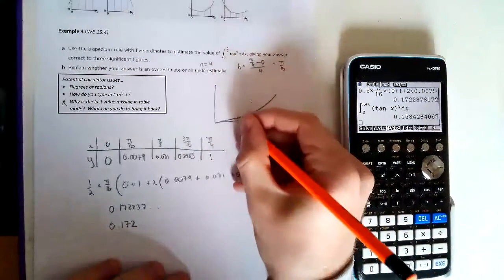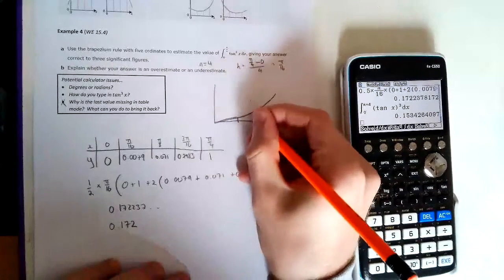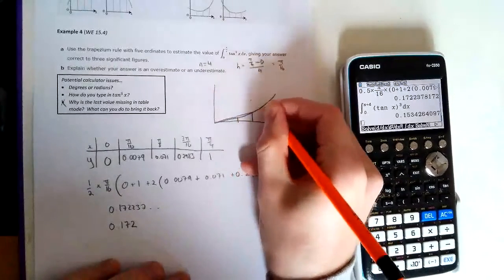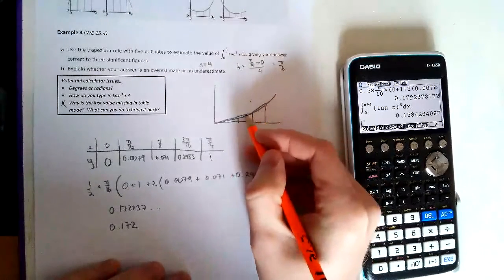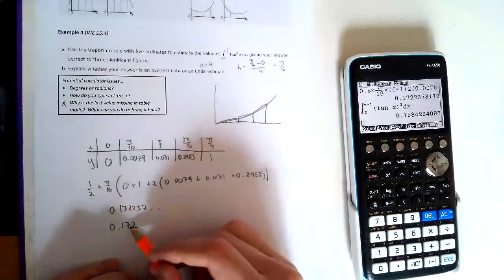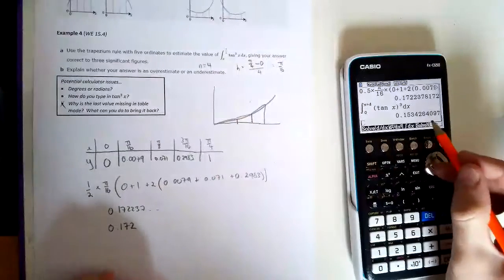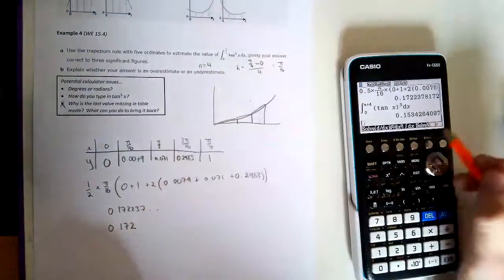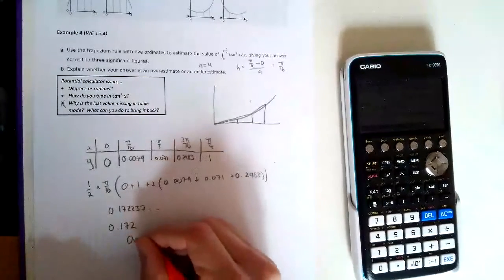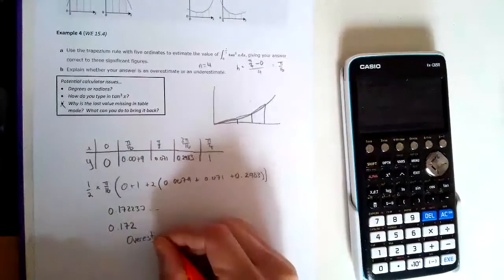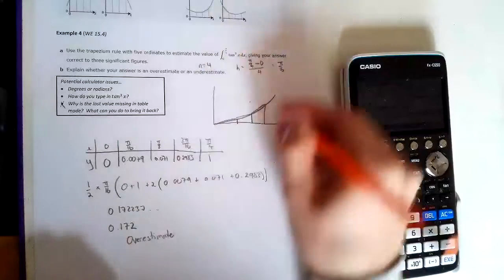If we drew the trapeziums on the picture, can you see that each trapezium has a bit of it above the curve. So that's why this number is a bit bigger than the actual area, or rather, it's a better estimate of the actual area. So this was an overestimate, and that's also because if you look at the graph, it's convex.